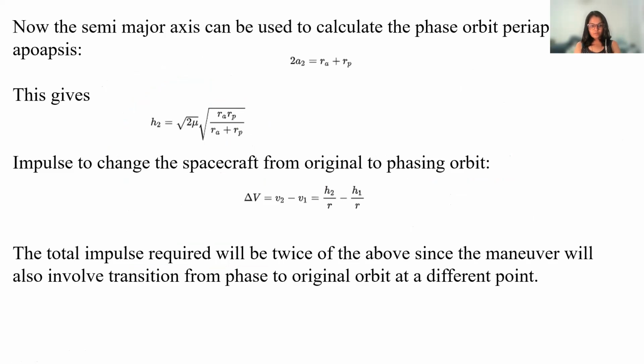A very important thing to keep in mind while doing calculations for this maneuver is that it is a two impulse maneuver, and therefore the total impulse required would be twice of delta V. The first impulse would be provided to change the trajectory of our DST from the original orbit to the phasing orbit, and the second one would be provided to change its trajectory back to the original orbit.